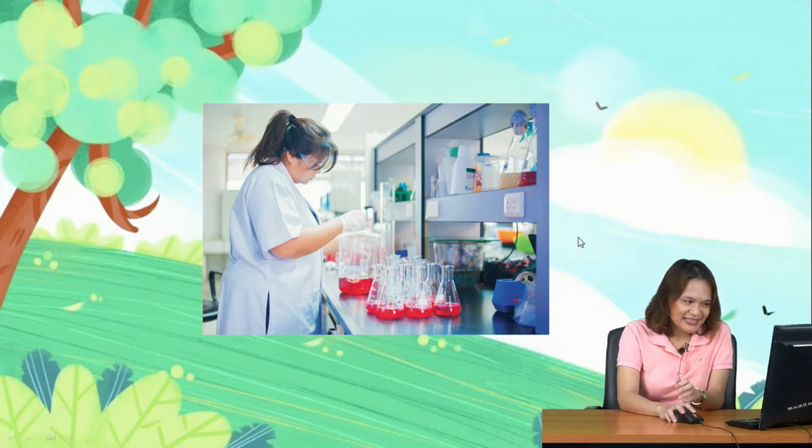Okay, so next picture, what can you see? This one, of course, is a human being, a man or a woman. Okay, it's either of the two. So this picture shows a man or a woman in the space. Okay, so they use this cloth or this equipment when they go up to the space.